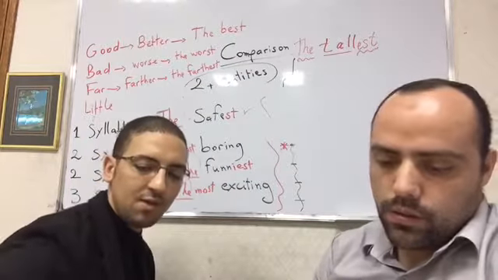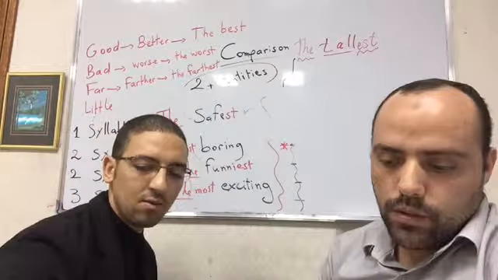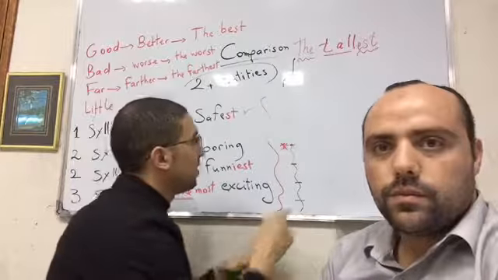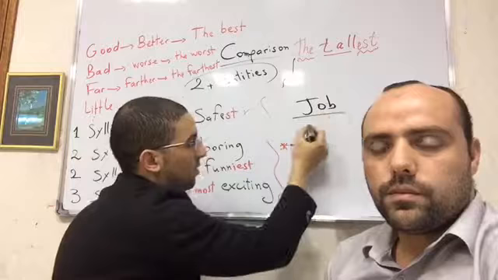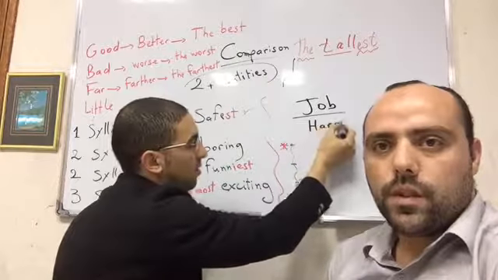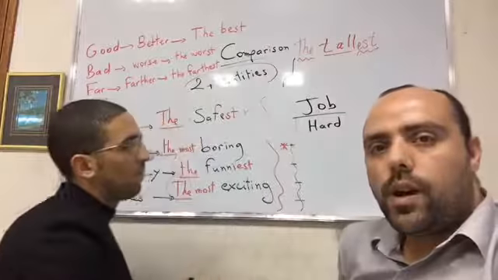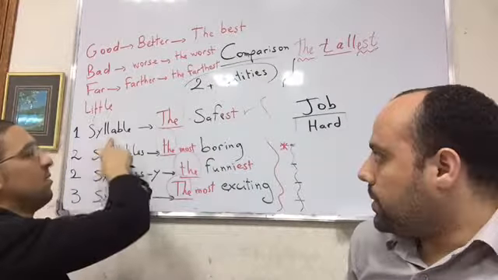Something else. Let's give a different adjective. Let's say jobs and use the adjective hard. So how do you think we can use the adjective hard in a superlative form?